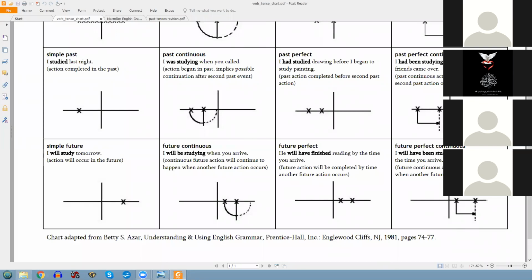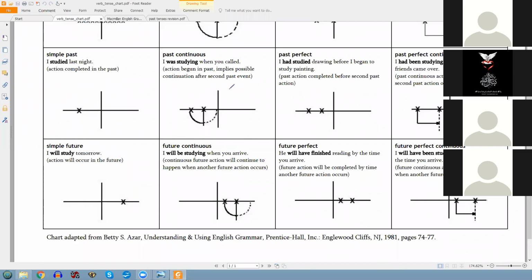So that being said, what about past continuous? Now this is interesting. I think it should be two actions which happen in the past. It's like, I am studying while, or I was crossing the road when I saw somebody or something.